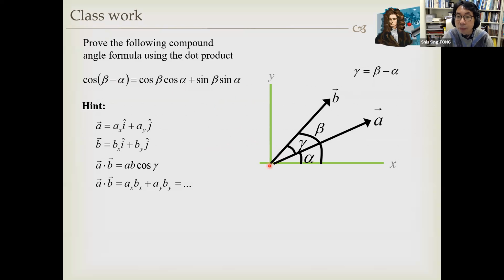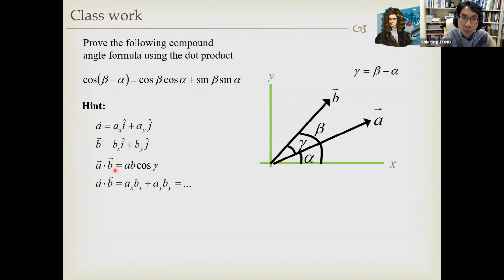Suppose the angle that the vector A makes with the x-axis, I call this angle alpha. The angle that the vector B makes with the x-axis is called beta. Now obviously from this figure, I define the angle gamma as beta minus alpha, the angle between vector A and vector B. So the angle between the two vectors is defined as gamma, which is beta minus alpha, right?